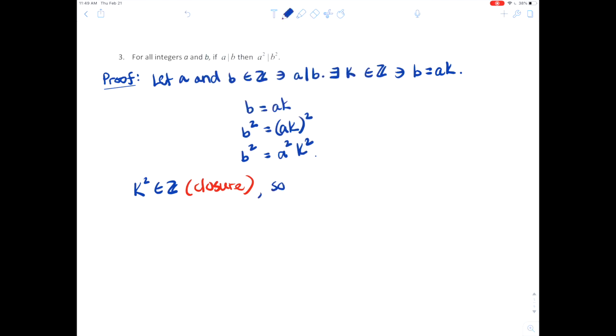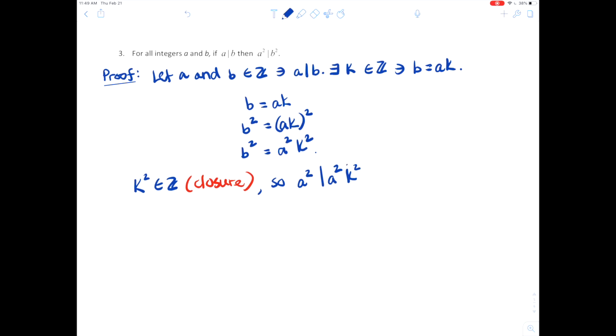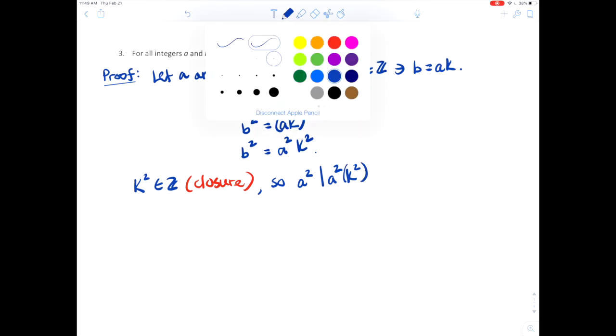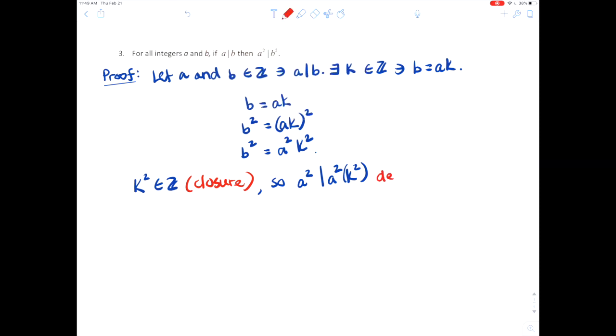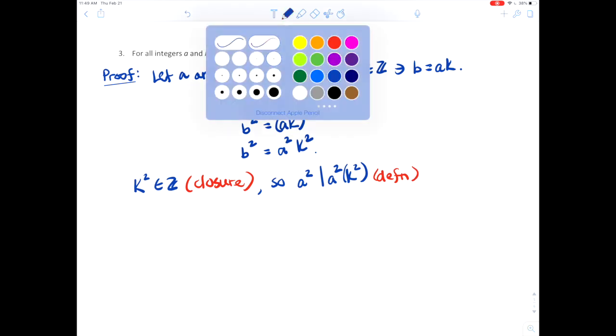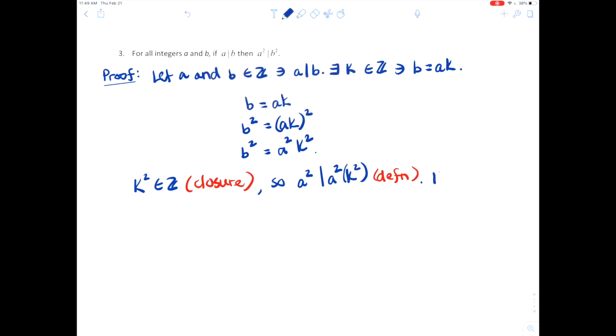So a squared divides a squared times k squared, by definition of divisibility. Hence, a squared divides b squared.